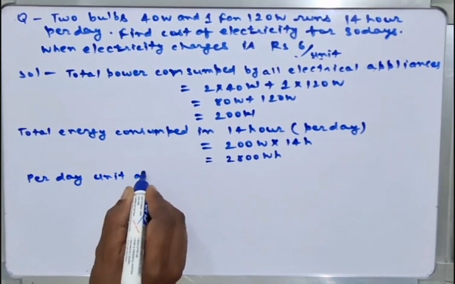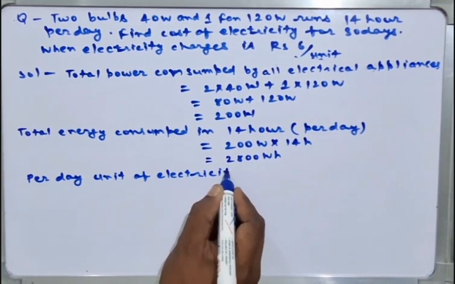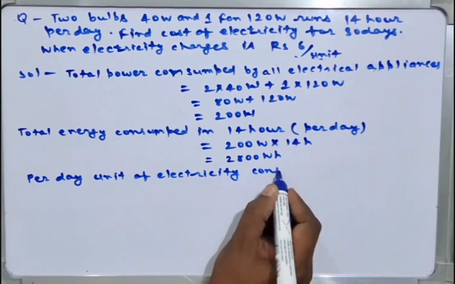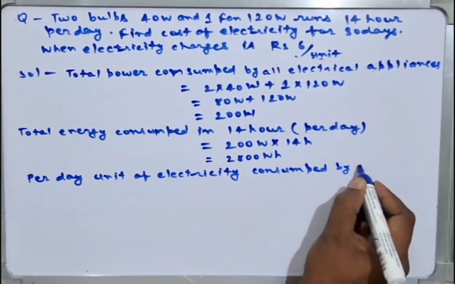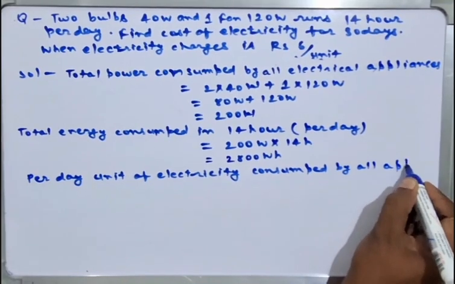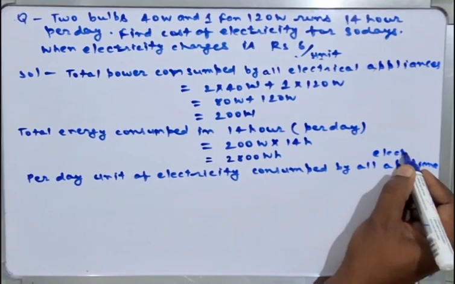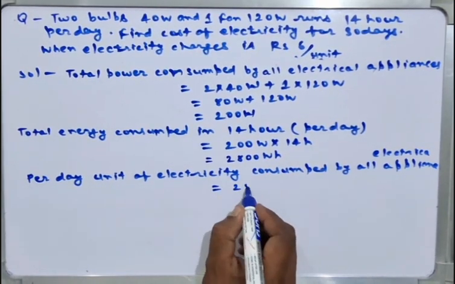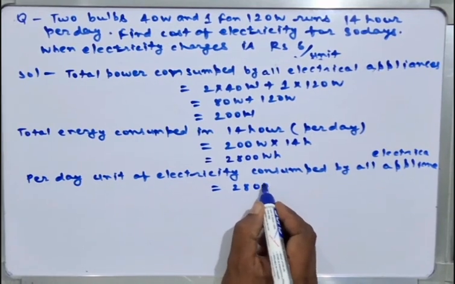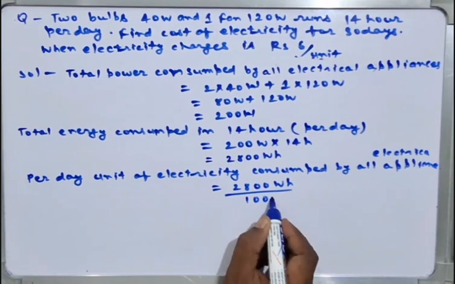The unit of electricity consumed by all electrical appliances is equal to this one divided by 1000.